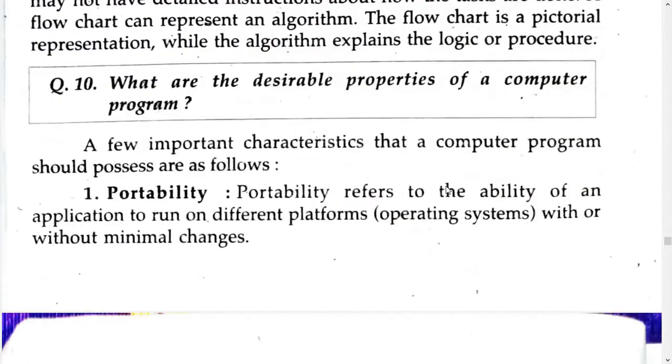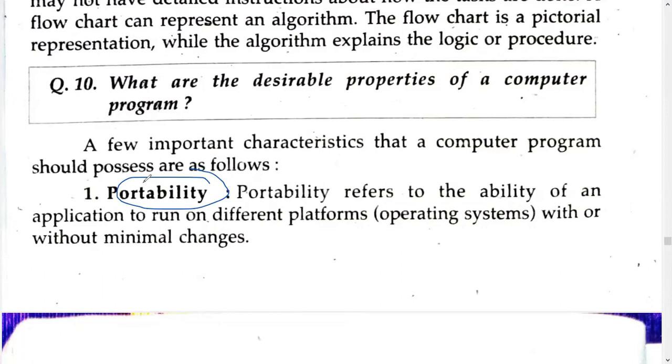So coming to the next question in this unit: what are the desirable properties of a computer program? A few important characteristics a computer program should possess are as follows. A computer program should be portable. Even you love portable devices like mobile phones, right? Mobile recorders, all these things. In the modern generation, a human being wants portability.